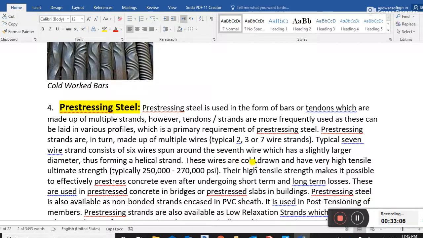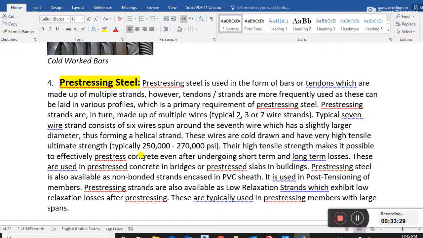These wires are cooled down and have a very high tensile strength, ultimate strength typically 250,000 to 270,000 psi. Their high tensile strength makes it possible to effect pre-stress in concrete even after undergoing short-term and long-term losses. These are used in pre-stressed concrete in bridges or pre-stressed slabs in buildings.